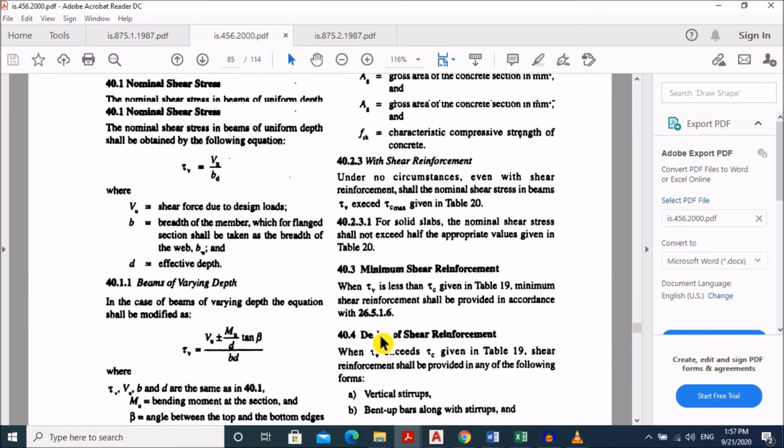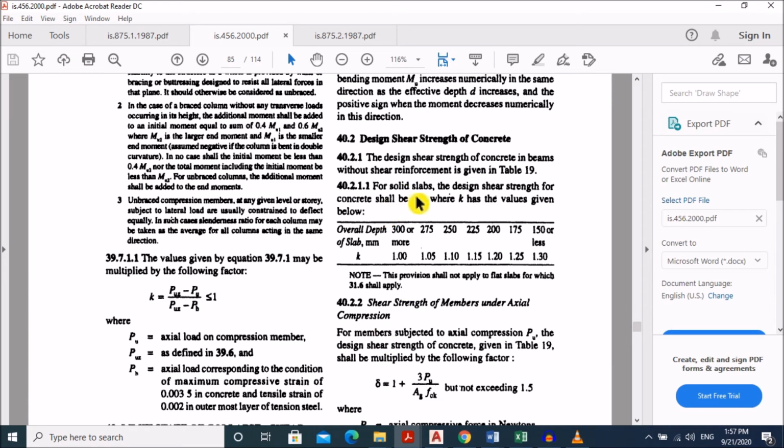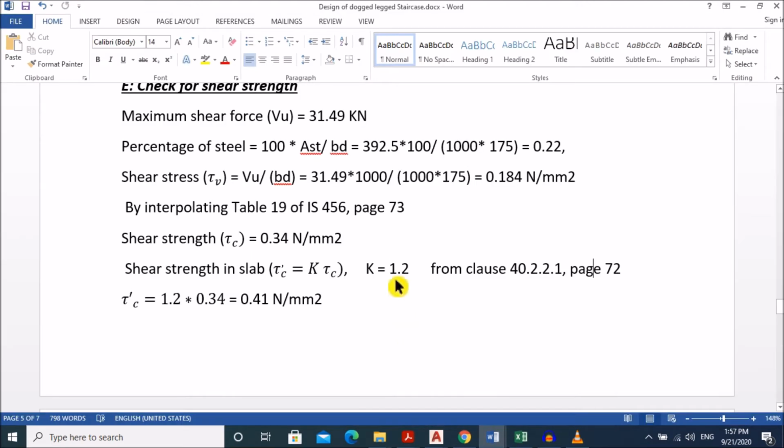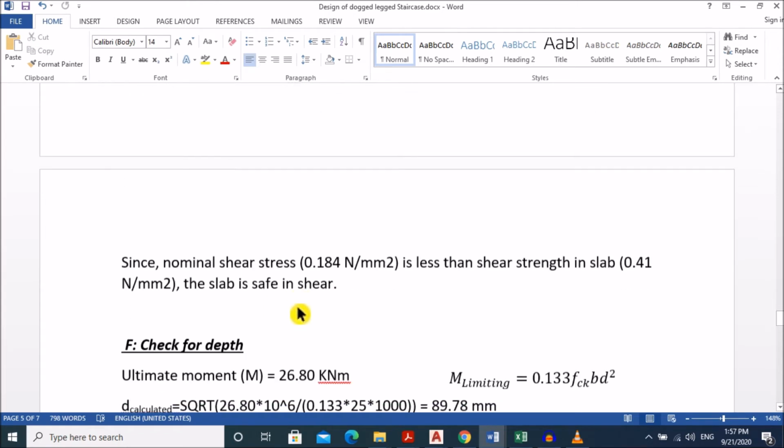From page number 72, for solid slab, the design shear strength for concrete shall be K tau c, where K has the value given below. For depth of 200, we choose 1.2 for the value of K. So this is the K value, 1.2, we have taken from IS 456, and tau c dash equals 0.41 Newton per mm square.